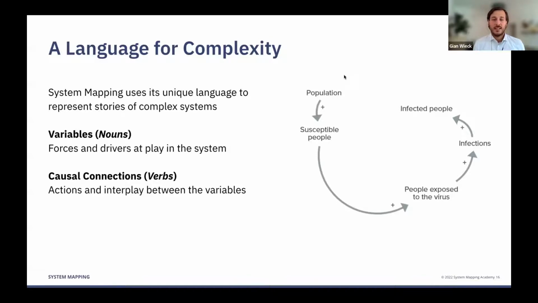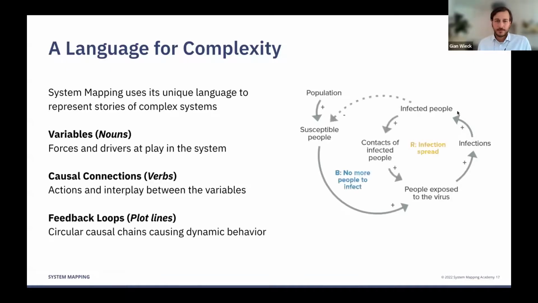And finally, when we continue building those connections, we get to the feedback loops, the third main concept of system mapping. These are the plot lines, almost like smaller narratives in between the big system narrative, and they describe circular causal chains within the system.